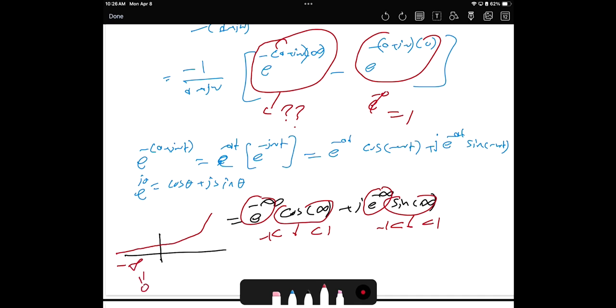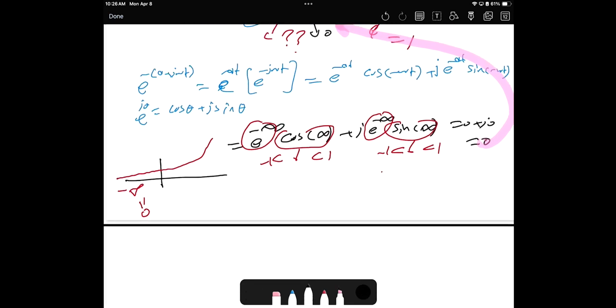So this yields 0 plus j0, in other words 0. So we say that term is 0. Substitute this here. It is 0. Let me continue the analysis.